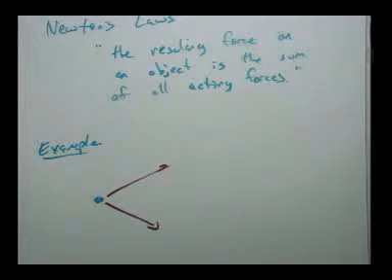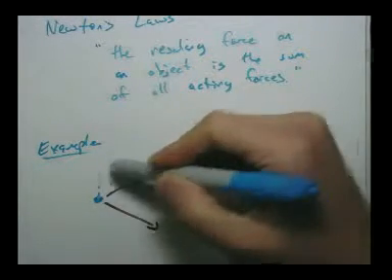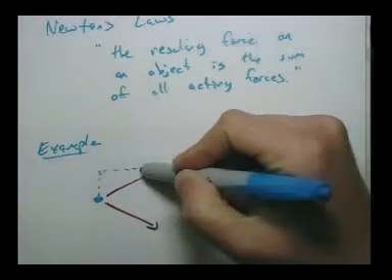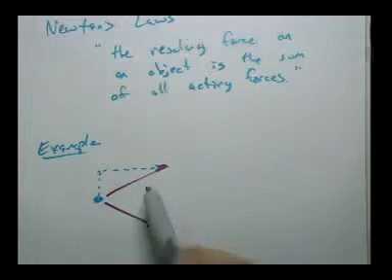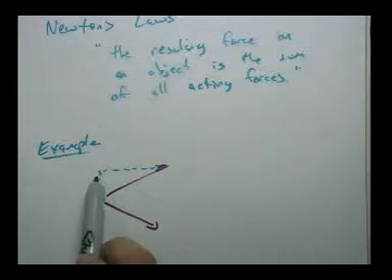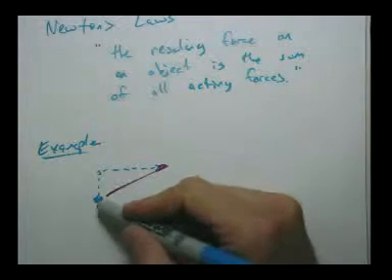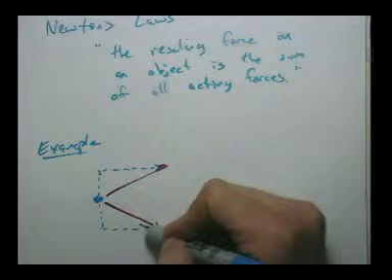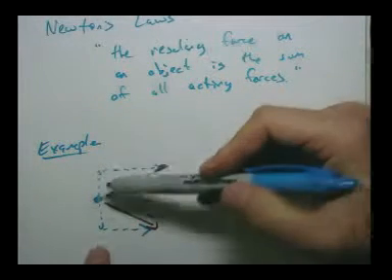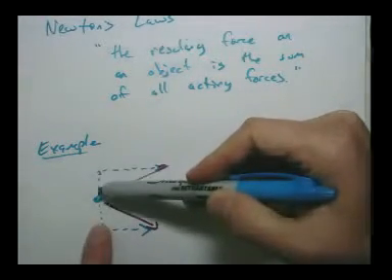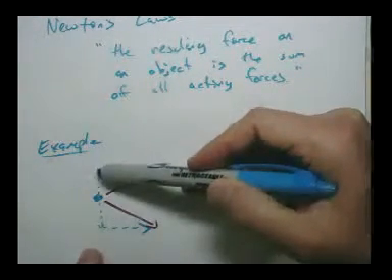Well, we can see, if you remember from the previous section, we can break any vector down into a vertical component and a horizontal component. And we're going to do the same. So if we do this for each of these, we can kind of see what's going to happen here. The things moving up and down in this direction aren't really going to do anything. They might cancel each other out even.